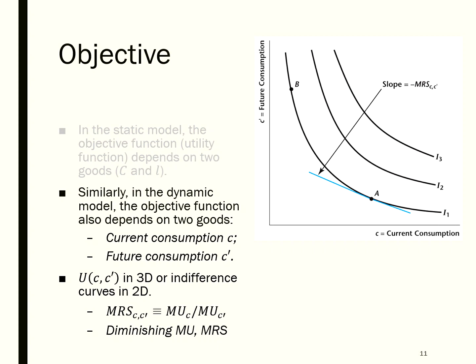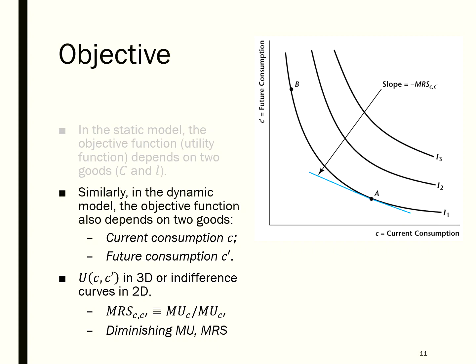The slope of the indifference curve is the marginal rate of substitution between C and C prime, or the ratio of marginal utilities of C and C prime. Like all new classical models, the marginal rate of substitution follows the diminishing law. That is, the more you consume the same good, the happier you will be, but the increment of happiness will be less.